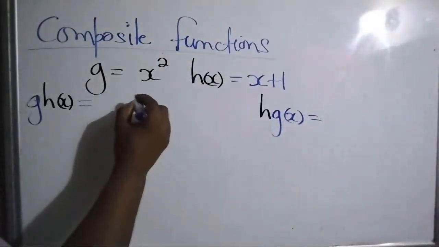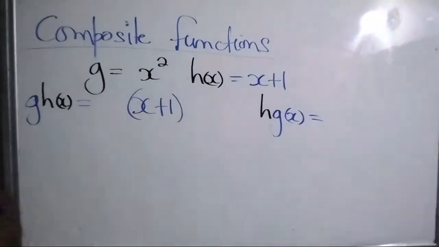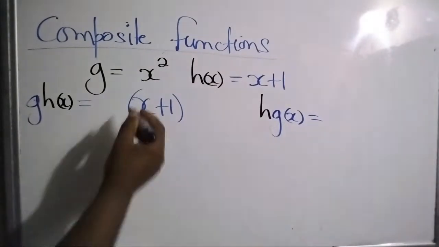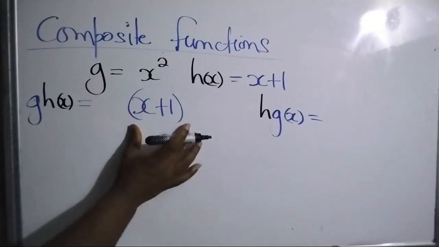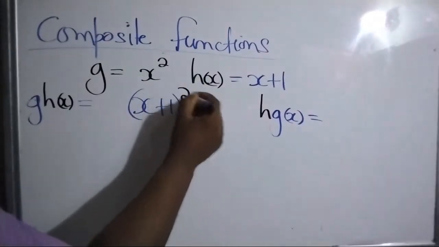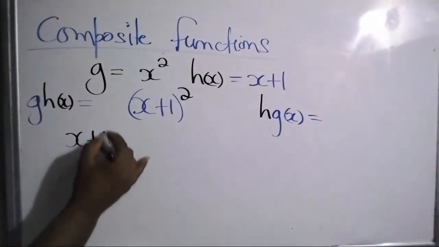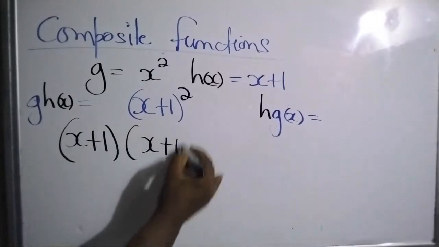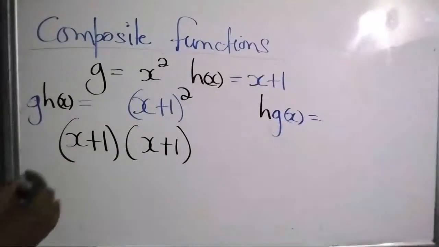Now we have x squared, and all of this is x. So we just square it. We know that square means a number multiplied by itself. Then we expand the bracket.